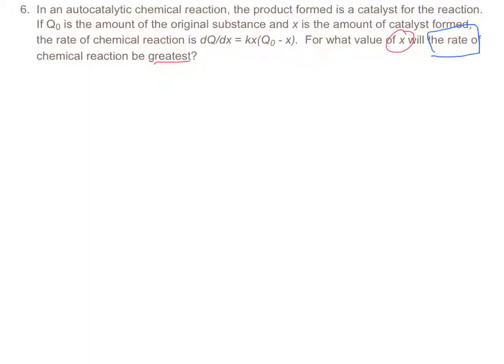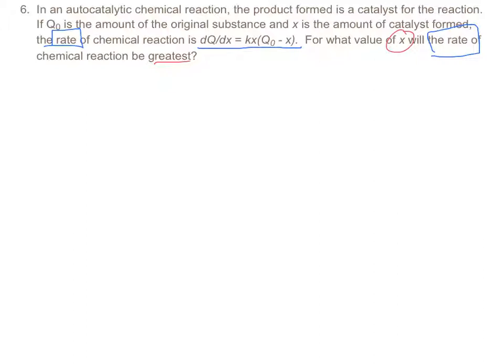Well, this equation that they've given us is already the rate of chemical reaction. So even though it's asking for a maximum rate, we will not actually maximize the derivative because we've already been given the derivative. So be careful, stop and look. You have to ask yourself, what have I been given and what is it asking for and how are those related?